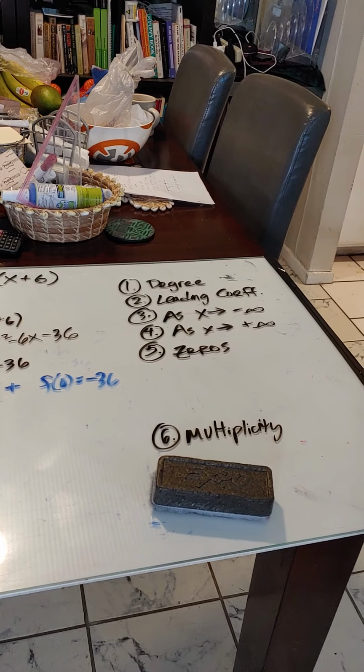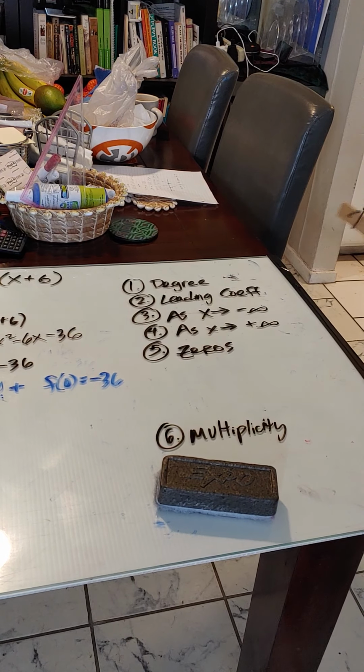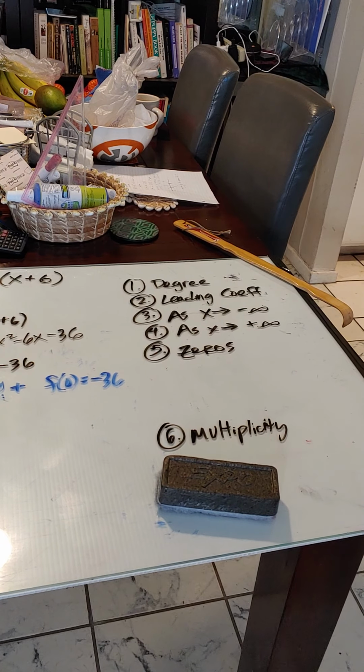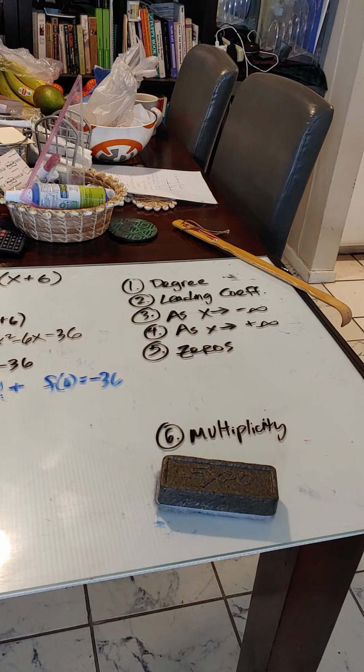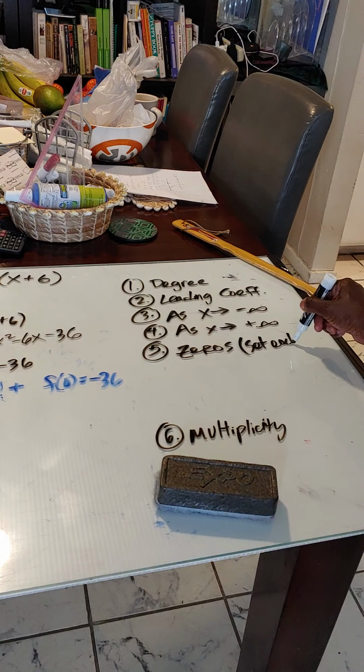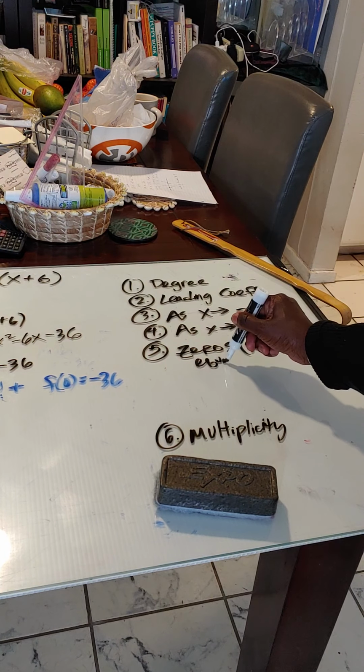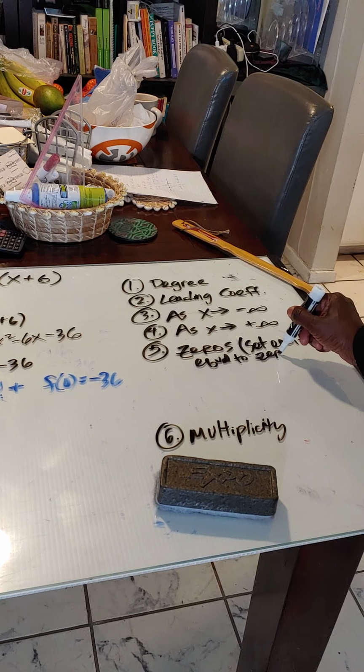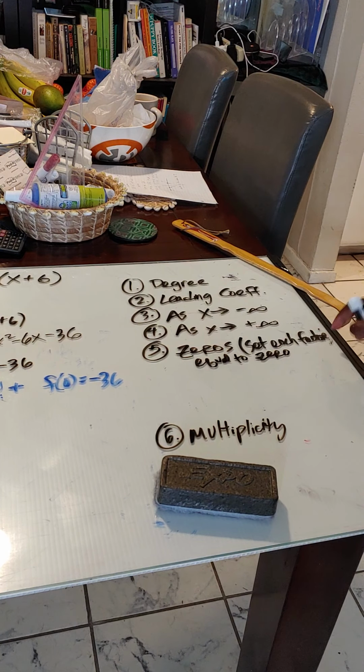So given the original problem, x plus 2 times x minus 3 times x plus 6, we're given these 3 factors, and in order to identify the zeros, we're going to set each factor equal to 0, and that will give us the information that we need. Okay, and so what does that mean? What does that look like?